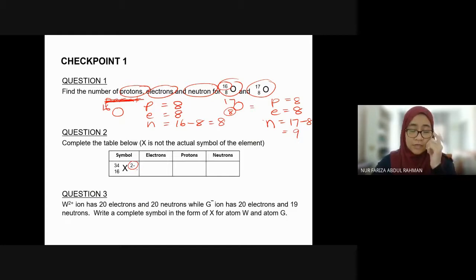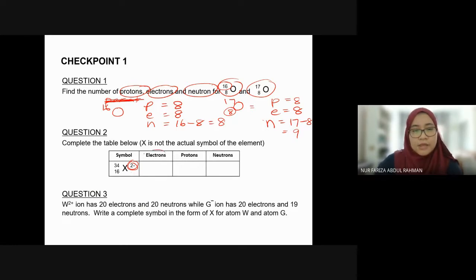The charge of the electron is negative, so since the atom now has more electrons, it becomes a negatively charged ion. So the number of electrons should be more than the number of protons.